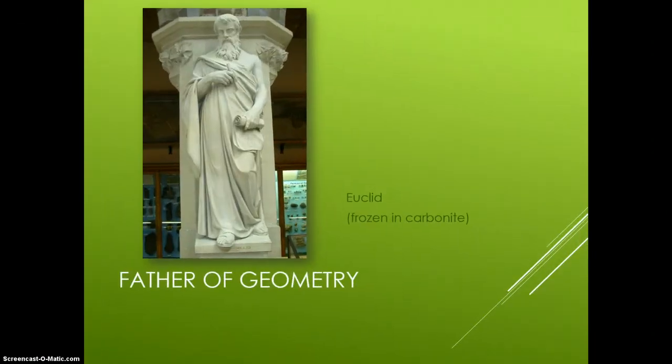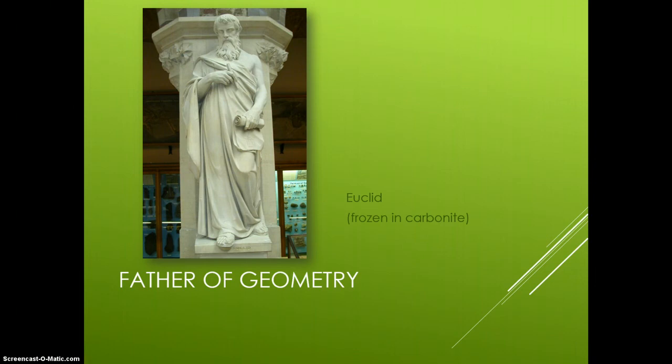So to start us off here, let's remember that all this really came from this guy Euclid. And Euclid is considered to be the father of geometry. He put together, if he did not create himself, a very large portion of the basis of what we call geometry today.